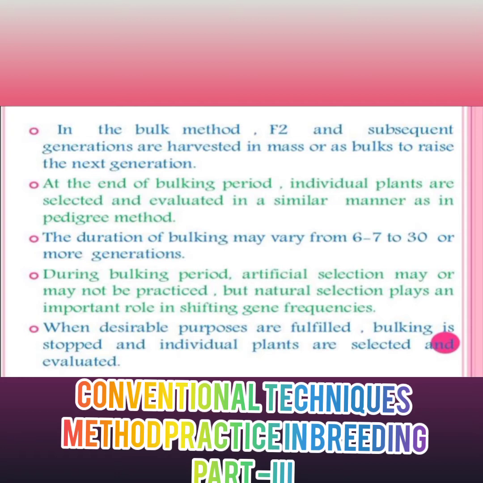During the bulking period, artificial selection may or may not be practiced, but natural selection plays an important role in shifting gene frequency. When the desirable purposes are fulfilled, the bulking is stopped and individual plants are selected and evaluated.